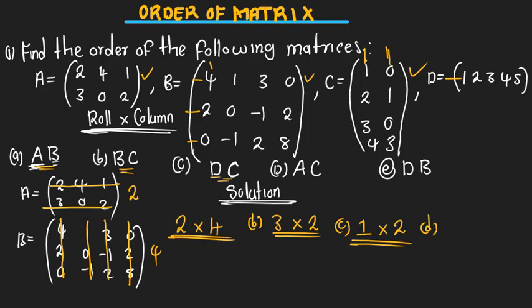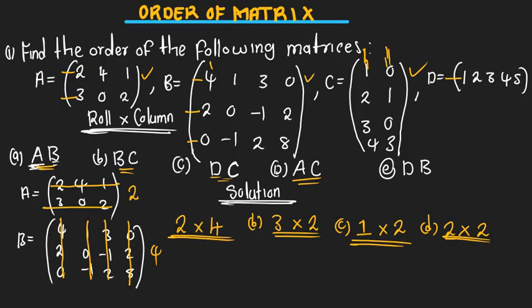We go to AC. So let's go to A. It's 1, 2. So it's going to be 2. Then this is going to be 1, 2. 2 columns. So it's going to be a 2 by 2 matrix.